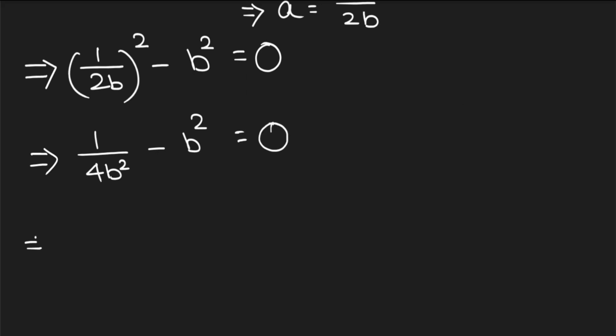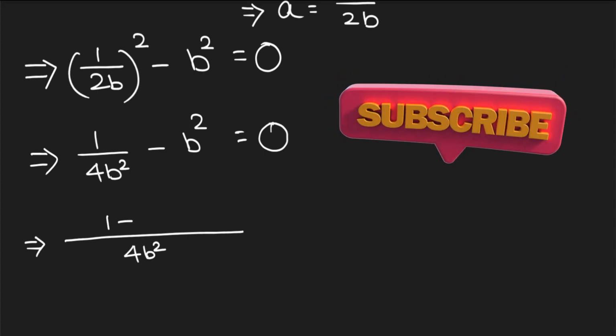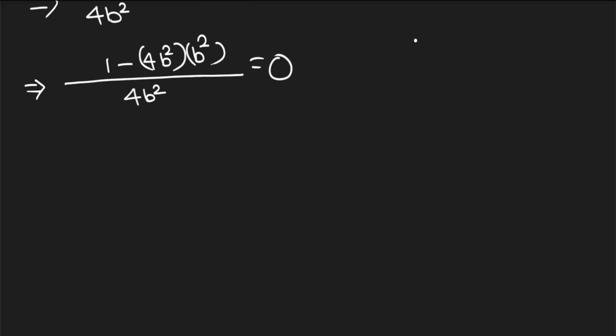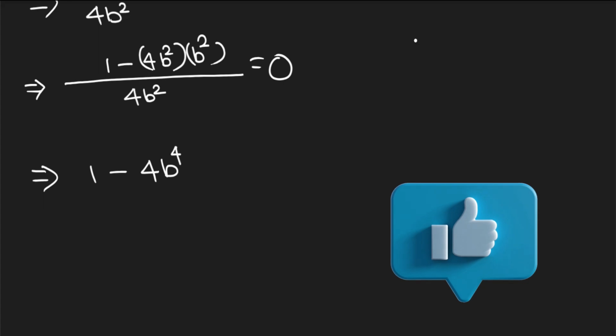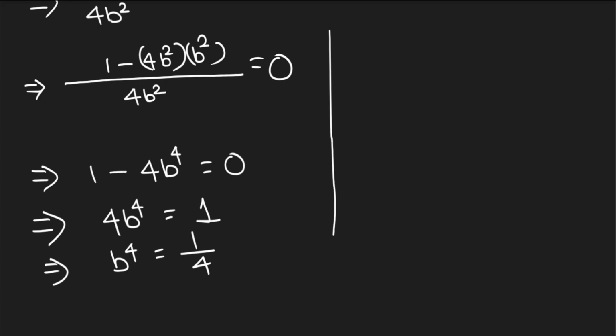Let us solve this equation and we can write the LCM as 4b square, and the numerator as 1 minus 4b square into b square is equal to 0, and then we can write it as 1 minus 4b to the power 4 is equal to 0, or we can write 4b to the power 4 is equal to 1, and we can write it here as b to the power 4 is equal to 1 by 4.